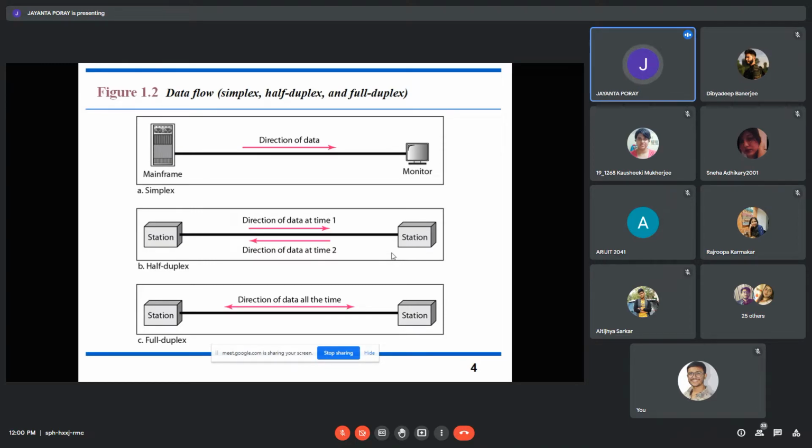Bidirectional data flow is allowed, but one at a time. Some protocols are used this way when one uses that network infrastructure to send, for example, sometimes for voice telephony networks. That is also part of data communication.